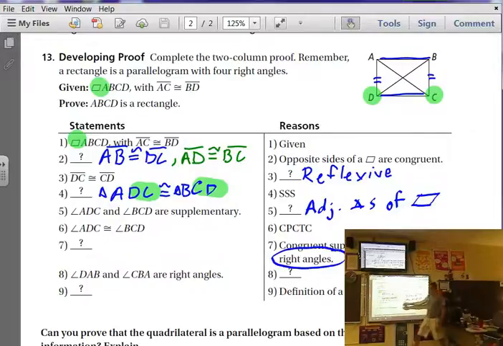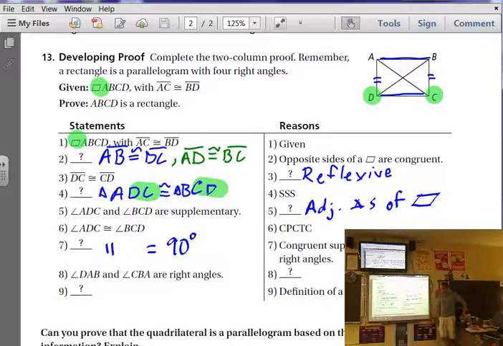So my statement is really a copy of that statement, equal 90 degrees or are right angles. So you could say ADC and BCD are right angles, or you could say equal 90 degrees, but your reasoning is that congruent supplementary. Number 5, I said consecutive angles are supplementary. That's like the same thing as same side and adjacent.